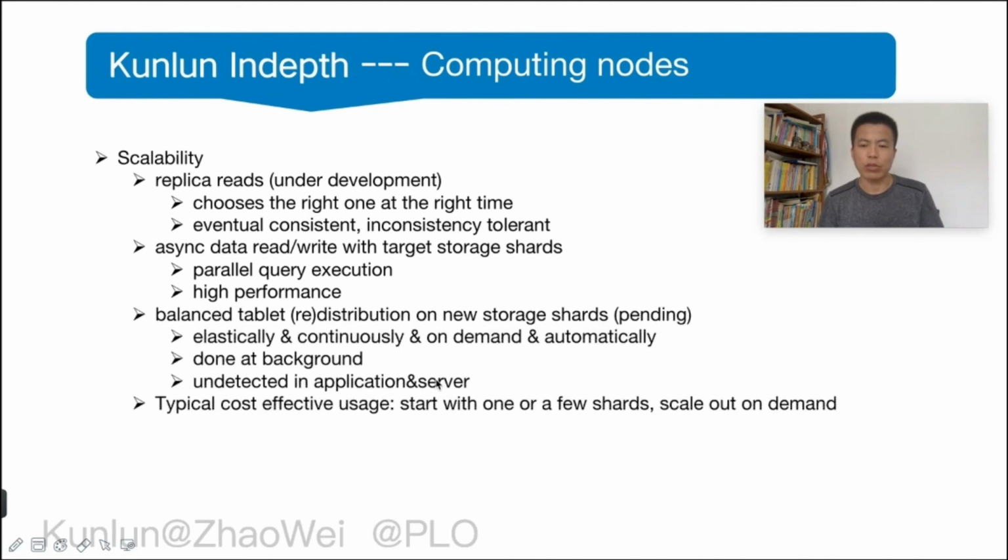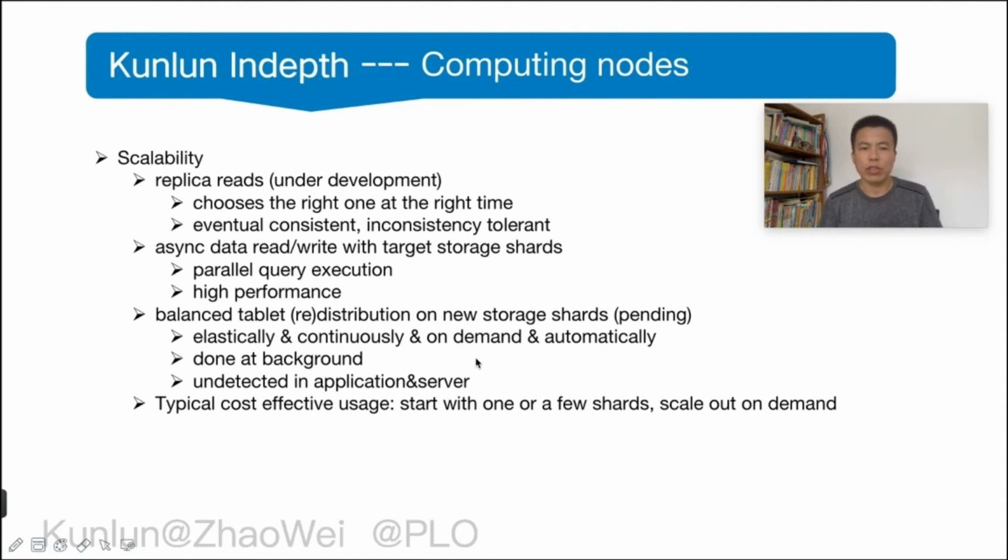In future, we will also implement balanced tablet redistribution on new storage shards. That means if you add one or more empty storage shards to an existing Kunlun cluster, some of the tables will be automatically redistributed to those new storage shards elastically, continuously or on demand, all done in the background and undetected by applications or by end users.